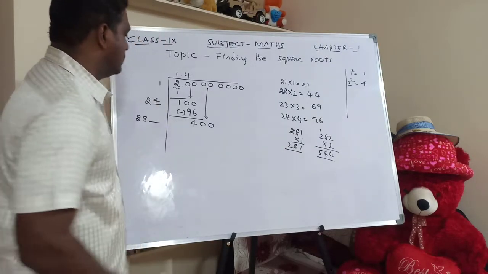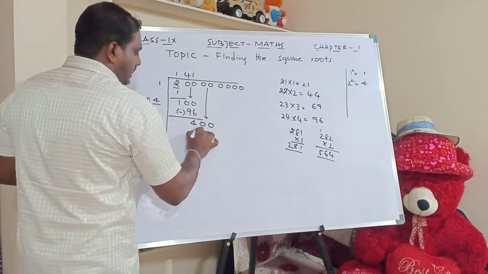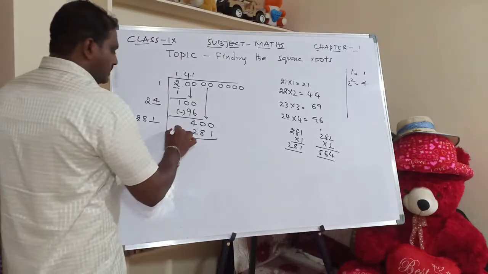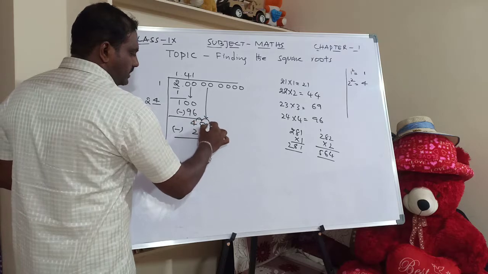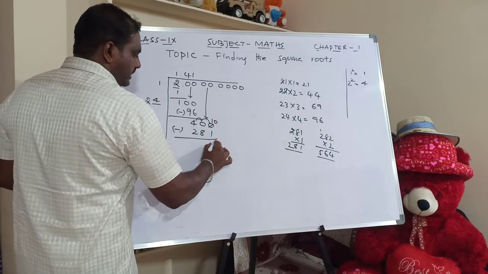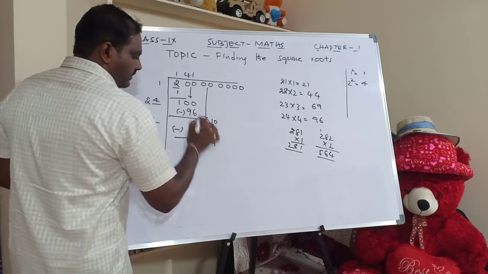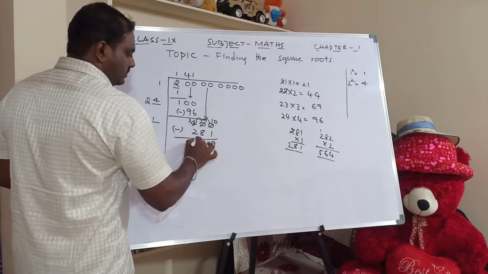I have to choose 1. So now I will keep 1 here, and I will write 1 here, and I will write 281 here. Then again subtraction. 0 minus 1 is not possible, so I am borrowing. So it will be 10. 10 minus 1, 9. Here it will be 9. 9 minus 8, 1. And here it will be 3. So 3 minus 2, 1.